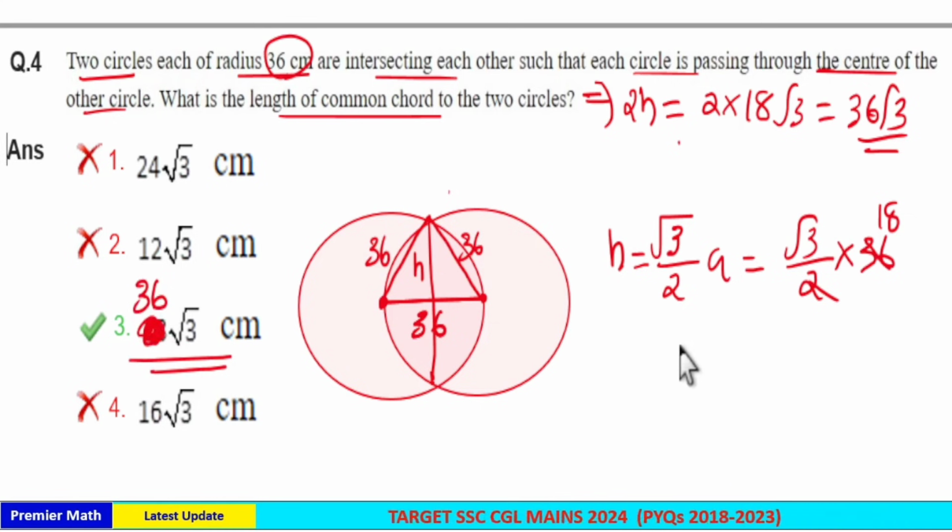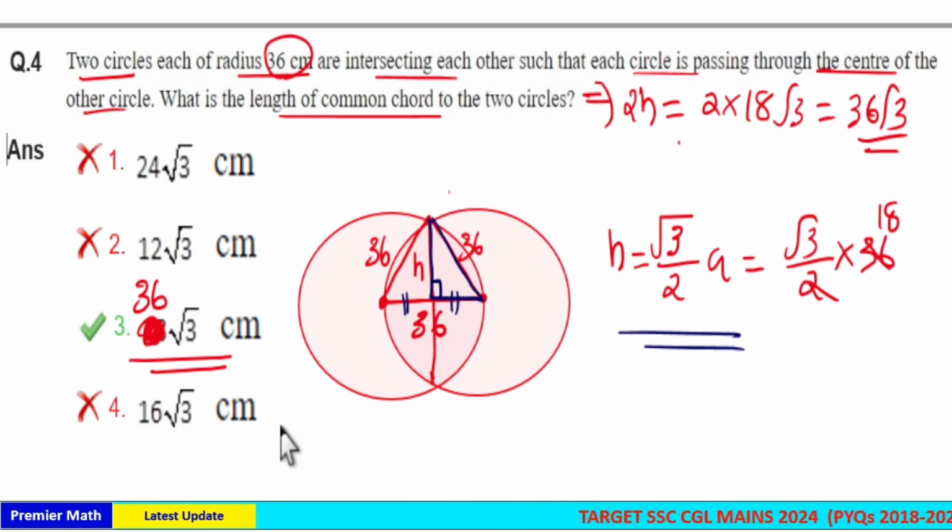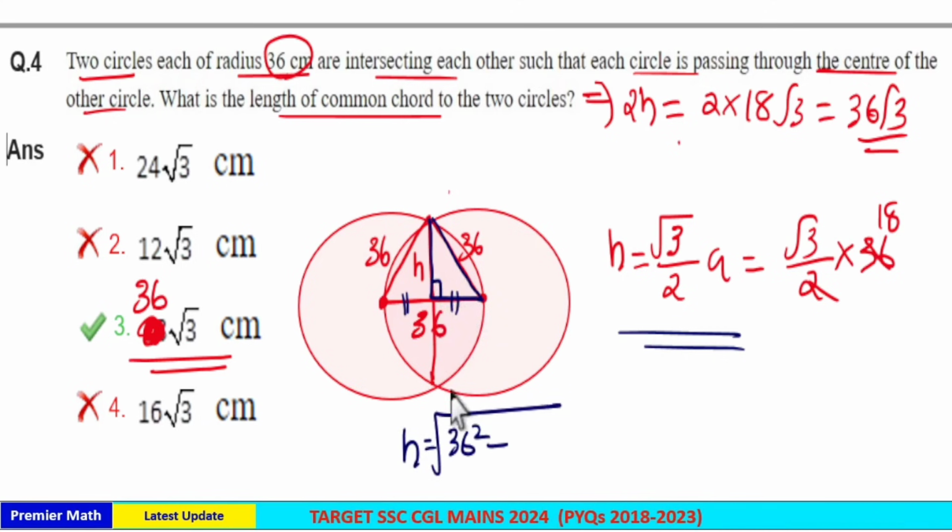Now if you don't know this formula, from this triangle you can find the answer. This is the median of the equilateral triangle. It divides the base into two equal parts and forms 90 degrees with the base. Which means from this right angle triangle, h is equal to root of 36 square minus half of 36, which is 18, so 18 square.